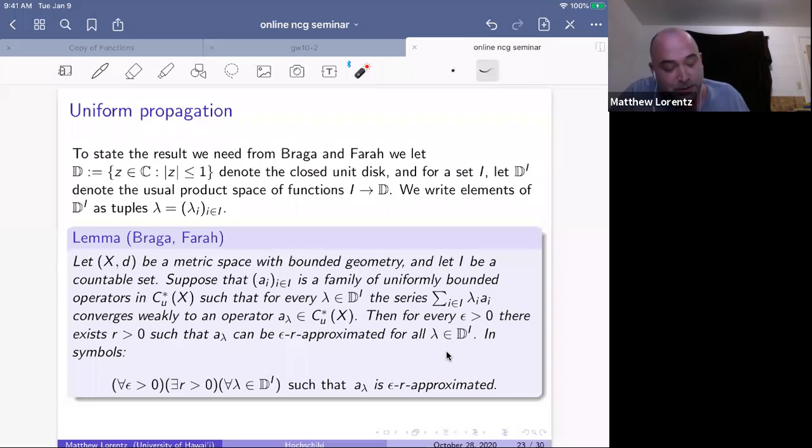Then for every epsilon greater than 0, there exists an R greater than 0 such that A_lambda can be epsilon-R approximated for all lambda in that product set. So there is a single R for every lambda.